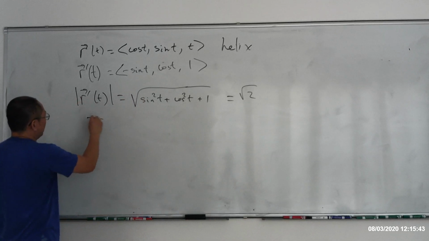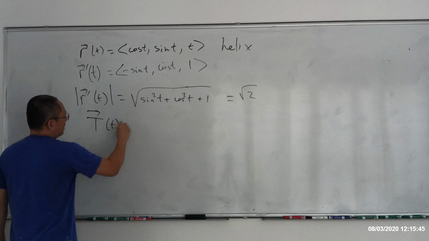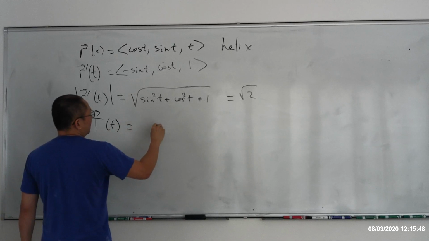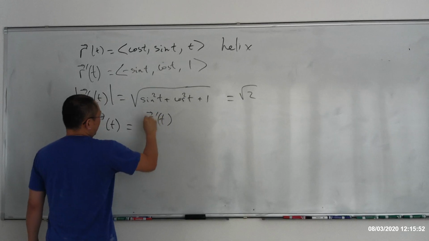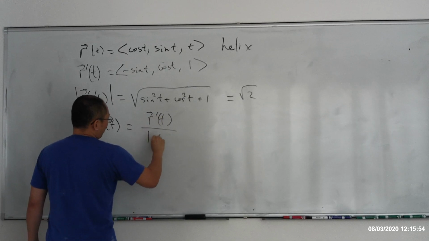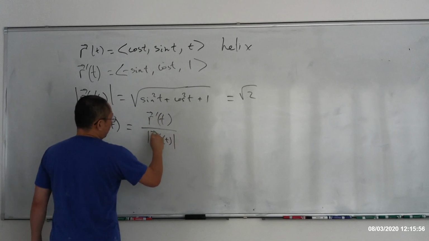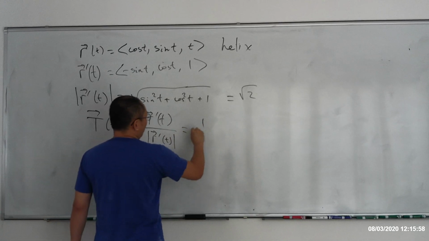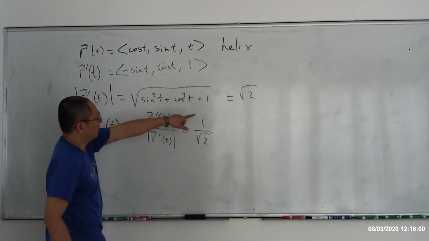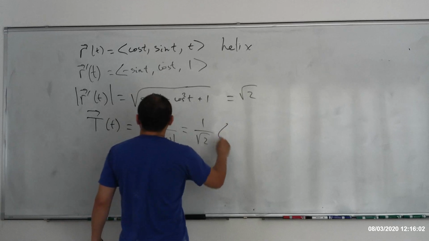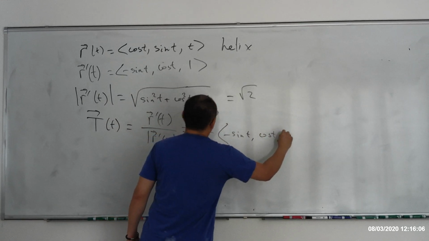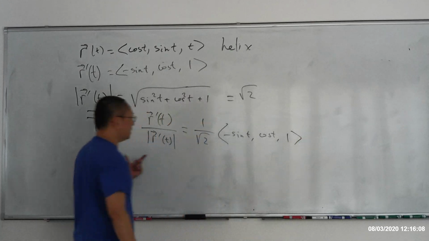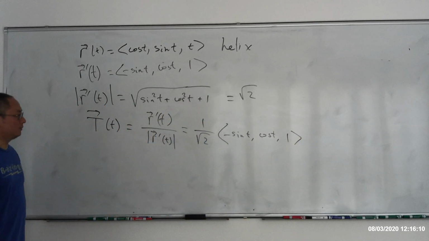So we're going to calculate the unit tangent vector, T, which is r prime over the magnitude of r prime, which is 1 over square root of 2 times negative sine t, cosine t, 1. And this is the unit tangent vector.